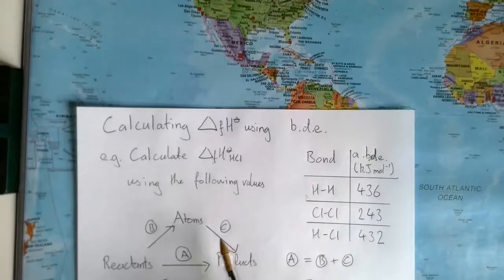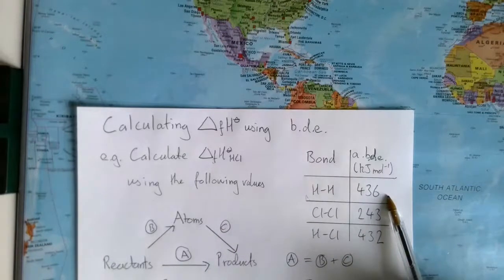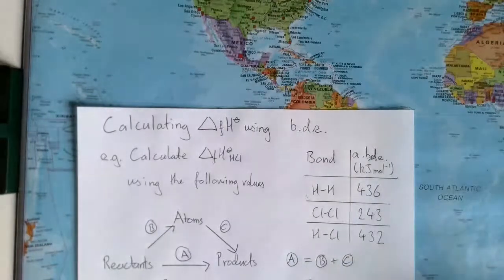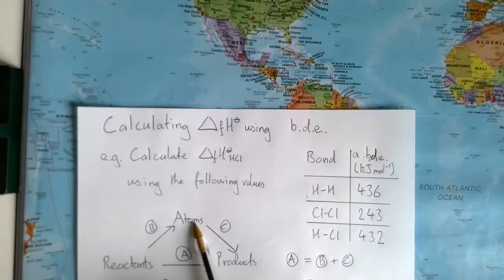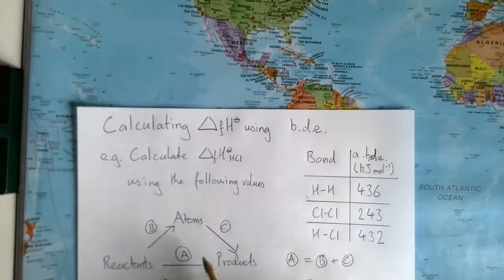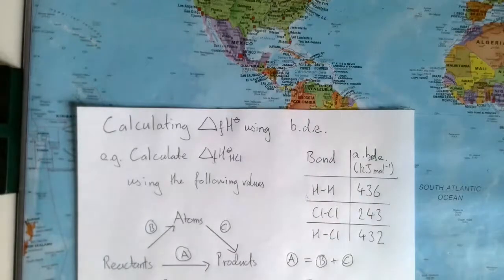Now, key thing for us here, however, bond dissociation enthalpies are always endothermic. The bond dissociation enthalpy is the enthalpy required to dissociate the bond. If we start off with reactants and we rip them apart to make atoms, which is what the bond dissociation enthalpy is showing, if we then put the atoms back together again to make the products, we're not using the bond dissociation energy, we're using the inverse of it, the negative.